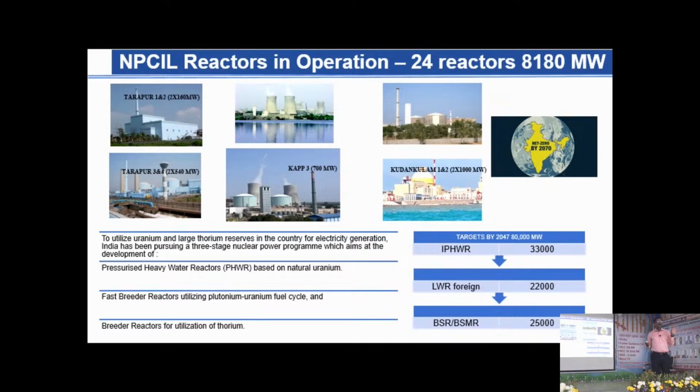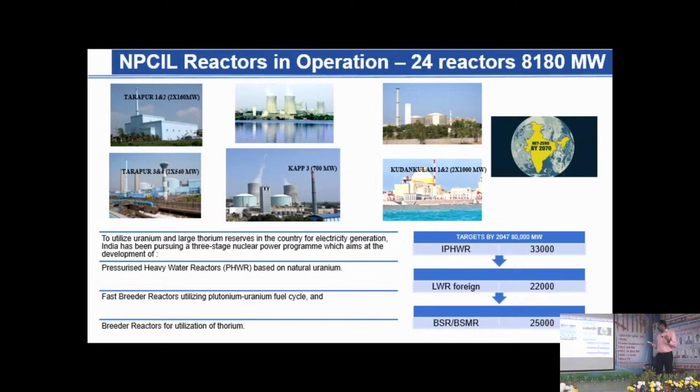It is a 220 megawatt PHWR, the smallest design we have. We are making it more compact, and it will be able to fit in an NTPC plant when a unit is removed. NTPC is also entering the nuclear sector, and the power ministry is also entering the nuclear sector. So when the NTPC plants which emit more carbon dioxide are removed, we will be able to fit these BSRs there.